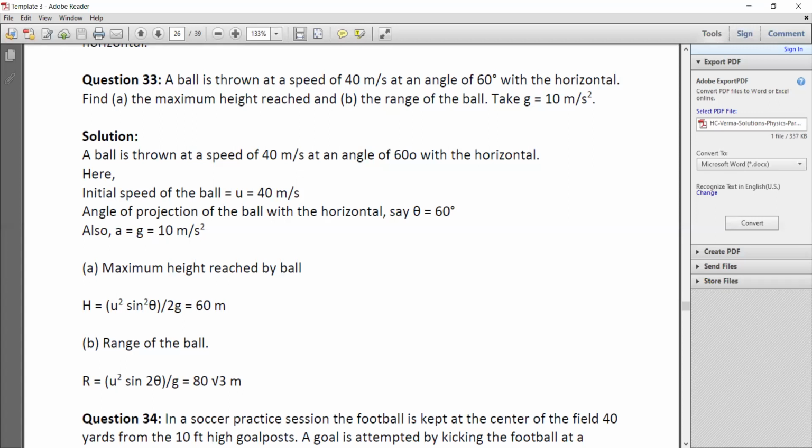A, maximum height reached by the ball, H = u squared sin squared theta by 2g = 60 meters. B, range of the ball, R = u squared sin 2 theta by g = 80 root 3 meters.